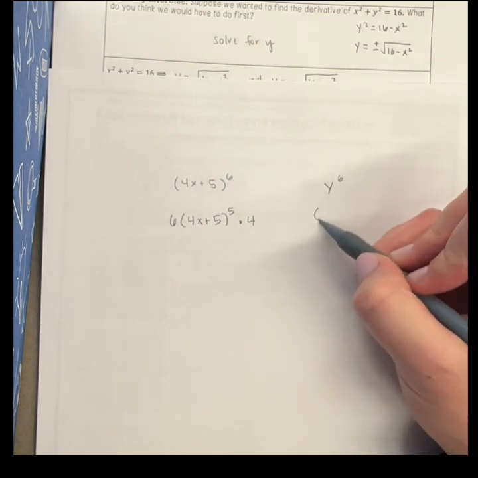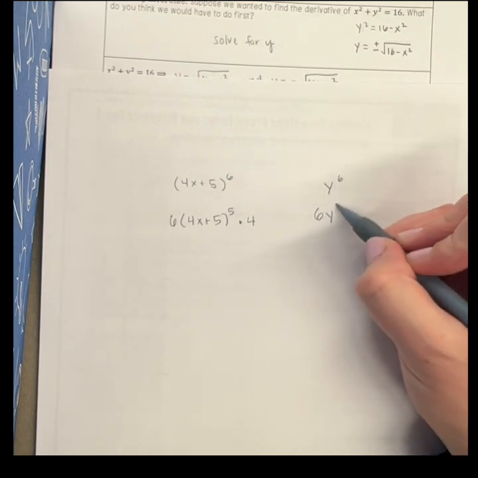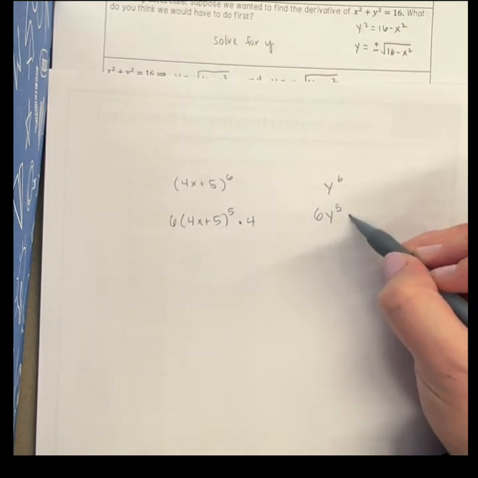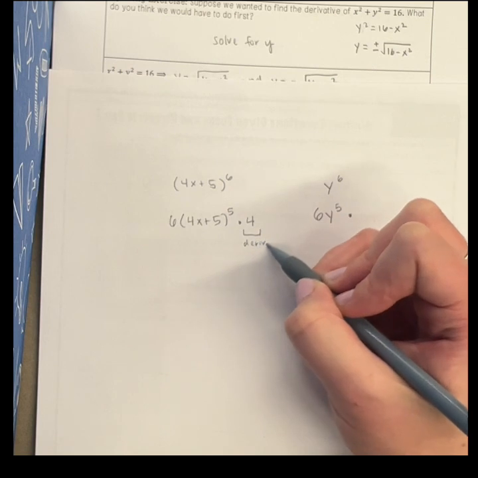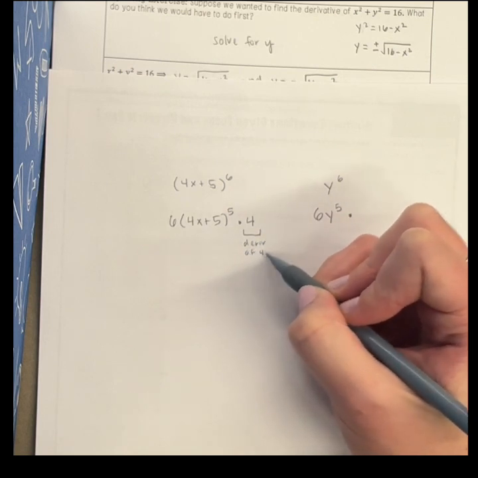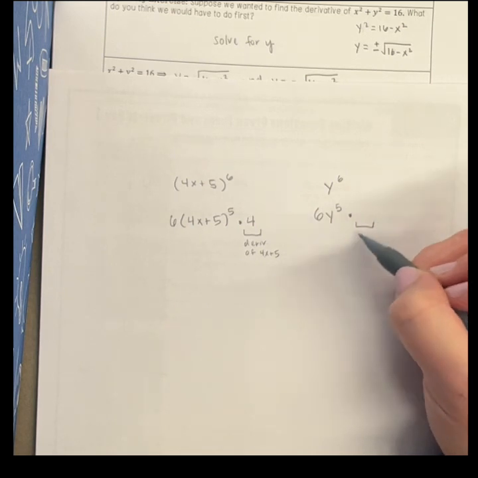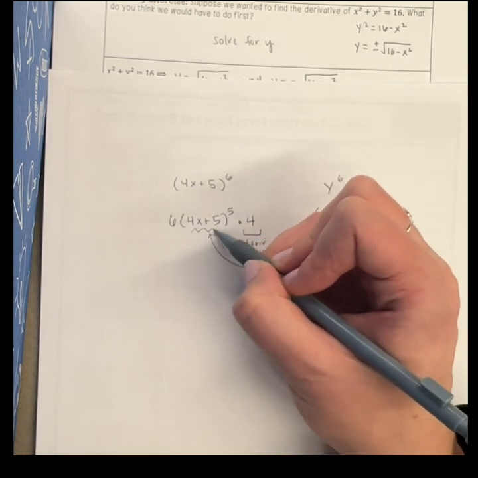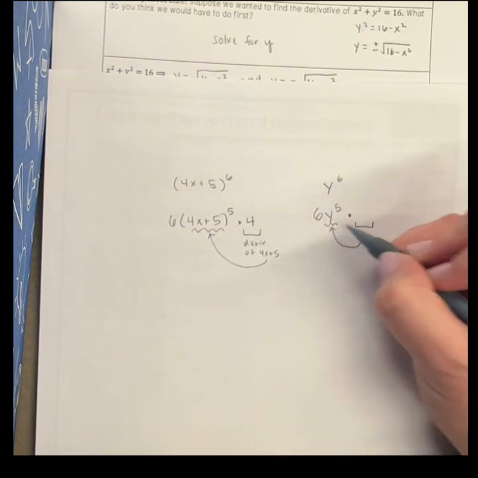We could put the 6 in the front. We could put the y, decrease our exponent by 1, and then we would have to somehow indicate that we're taking the derivative of the inside. So in this case, this was the derivative of 4x plus 5. Over here, we want the derivative, so my 4x plus 5 was here. Over here, I want the derivative of y.